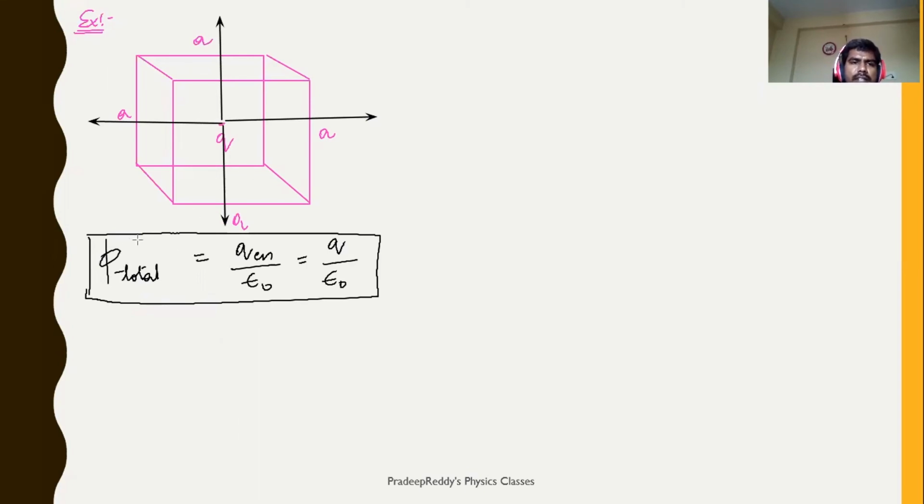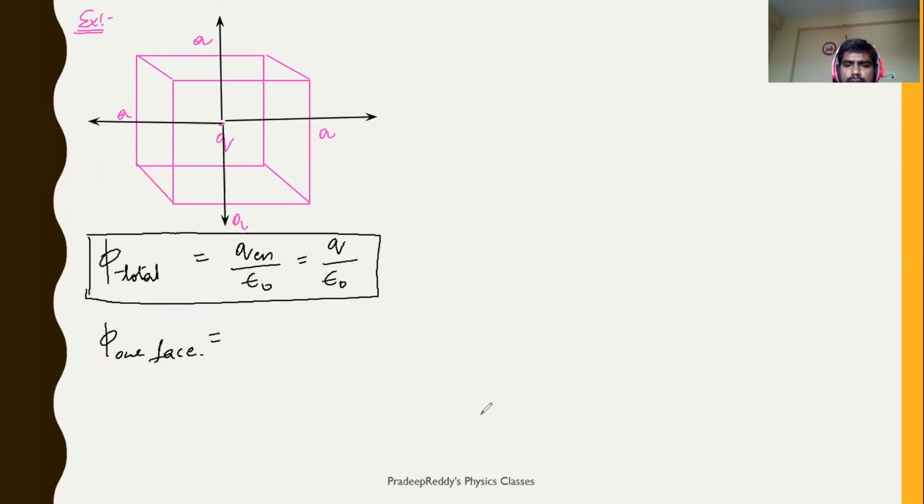Therefore, total flux through this cube will be equal to Q divided by epsilon naught, because charge enclosed is Q. Now let us find out flux through one face, only through one particular face. Now throughout this total cube, as cube has 6 faces, from one face I want to find out.